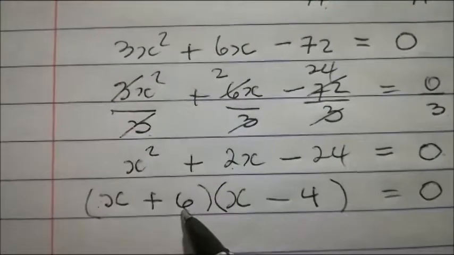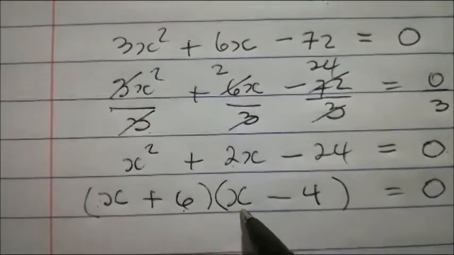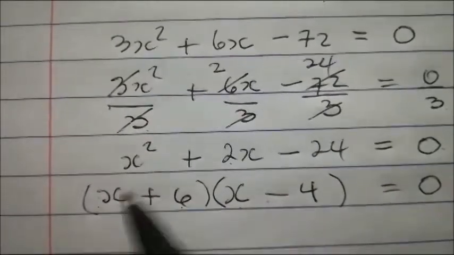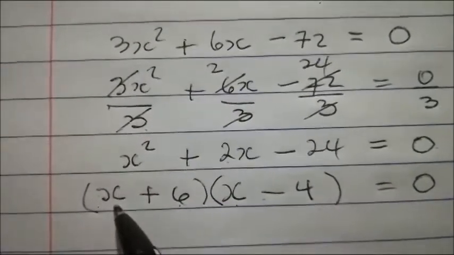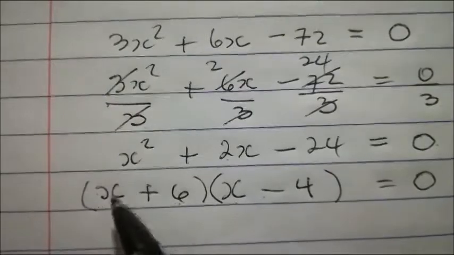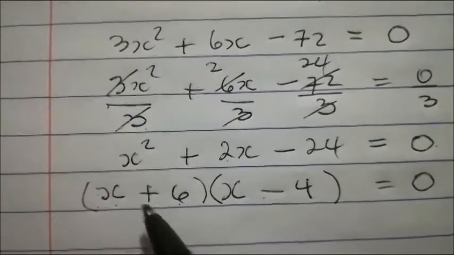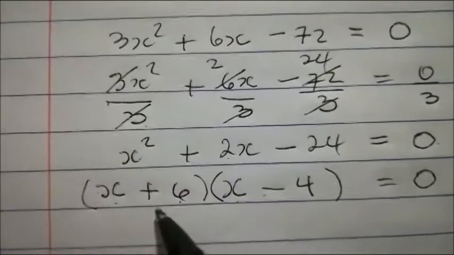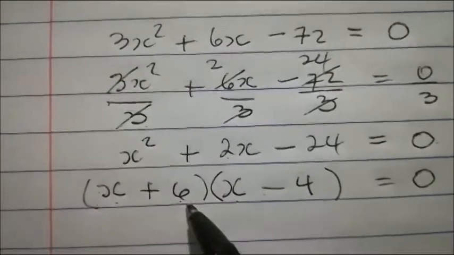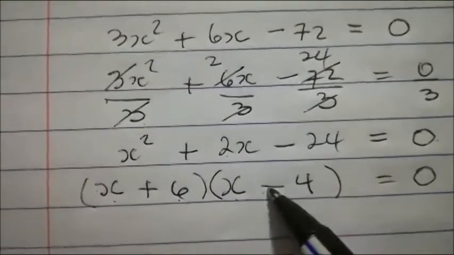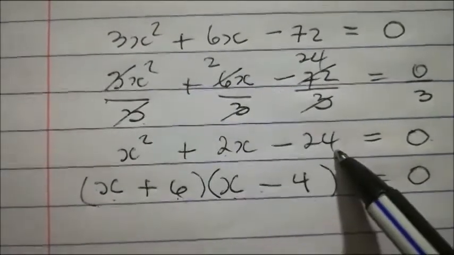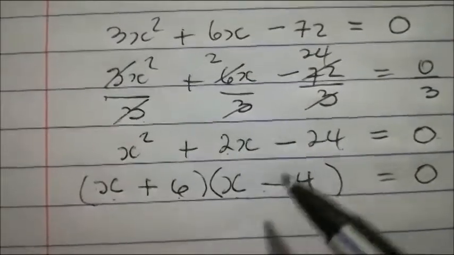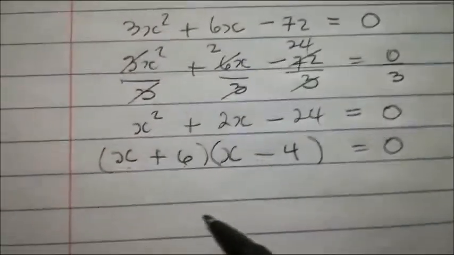If you notice, 6 multiplied by this x is a positive 6x, and a negative 4 multiplied by this x is going to give you a negative 4x. So when you add a negative 4x and a positive 6x, you're going to end up with a positive 2x. When you multiply this positive 6 by this negative 4, you're going to end up with negative 24. So the two numbers that we needed were a positive 6 and a negative 4.